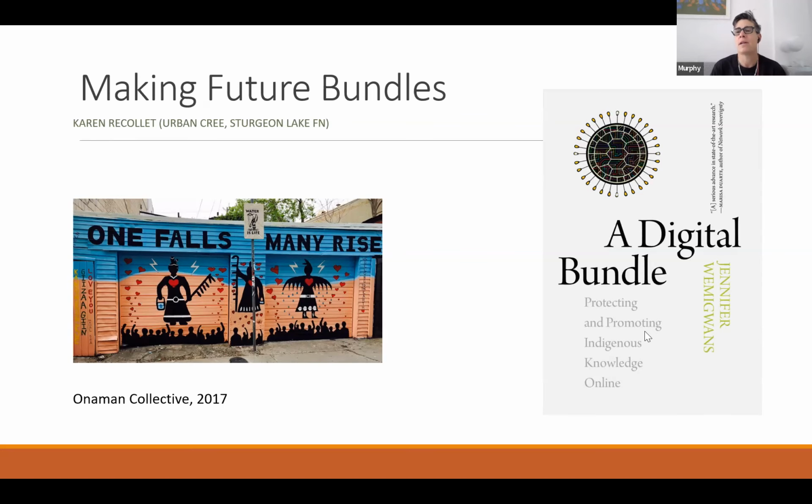So here I really look at something like Jennifer Wegemoan's book, thinking about digital bundles and how our work in the present is about thinking about ourselves as ancestors to a future. And thinking about Karen Reckley, my colleague here at University of Toronto, who does Indigenous digital hub work, and how can we think about this ongoing practice of passing forward our ethical care relations.